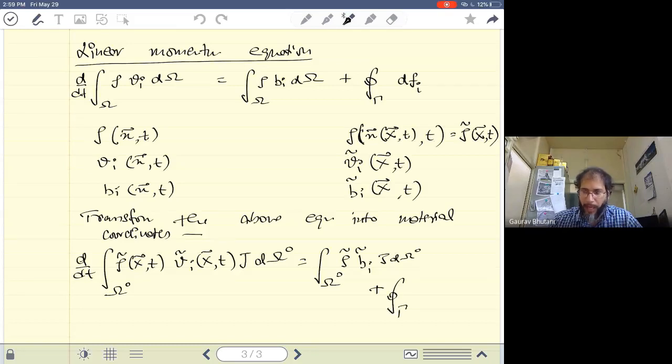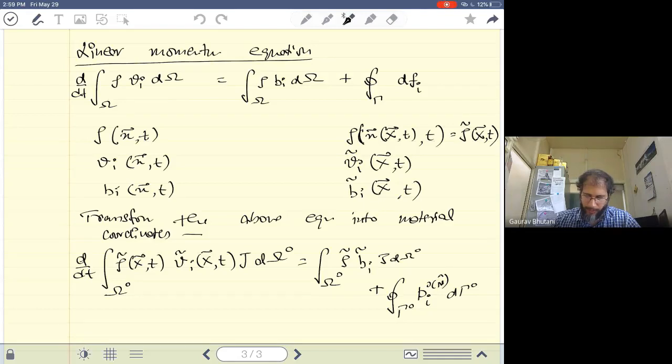integral over gamma naught now, and this dFi, as we just defined in the previous slide, can be written as P naught n hat vector times d gamma naught. So let's go back and see that.